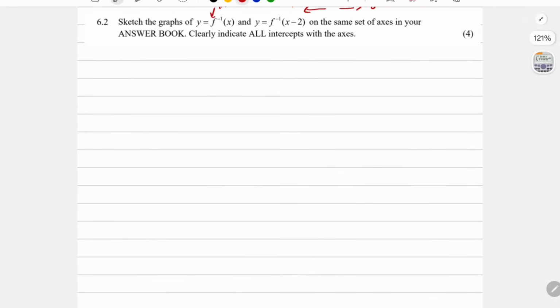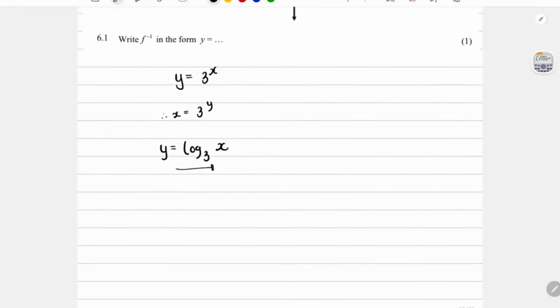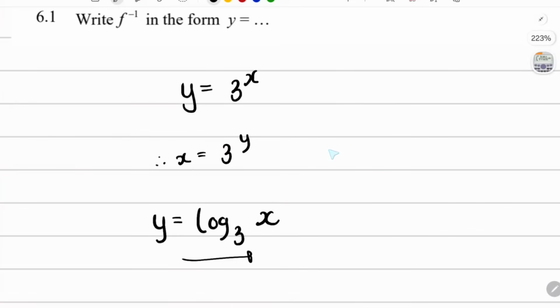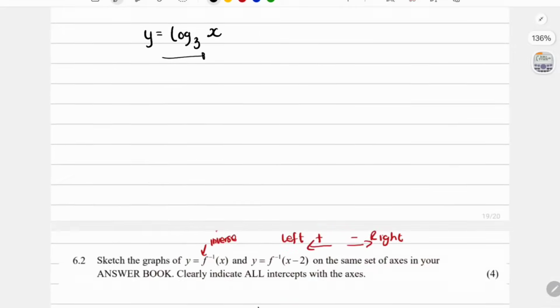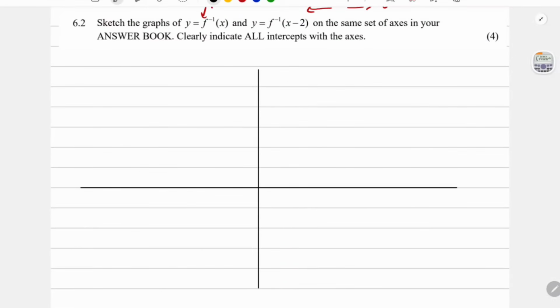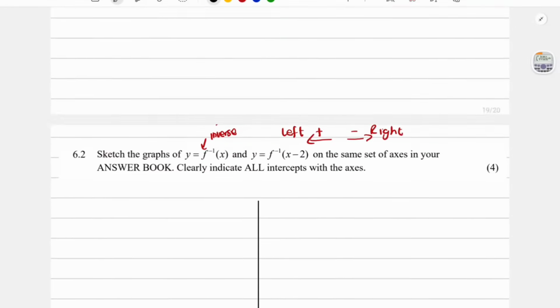Okay, so let's go ahead and put our axes down. Now, sketching the inverse function is actually really simple. And the reason I say so is because, remember when we were finding the equation of this, what was the first thing we did? We swapped x and y. Okay, swap x and y. So because of that, really what happens to the function is all the x and y values of the function just get swapped.